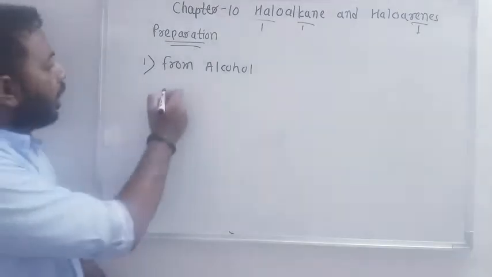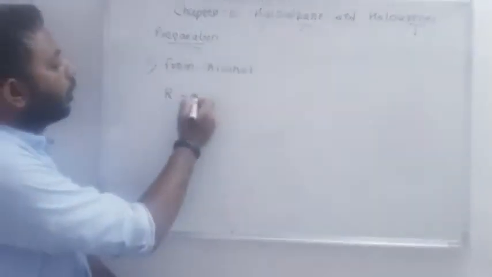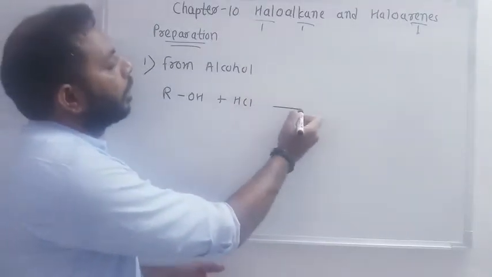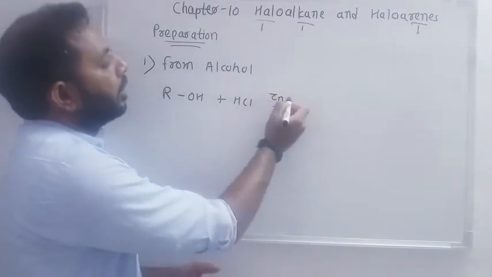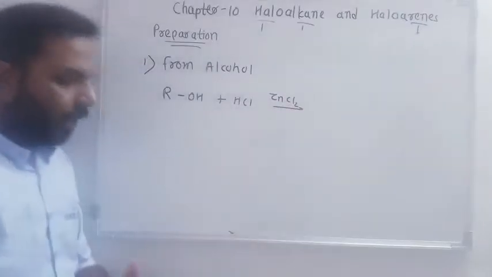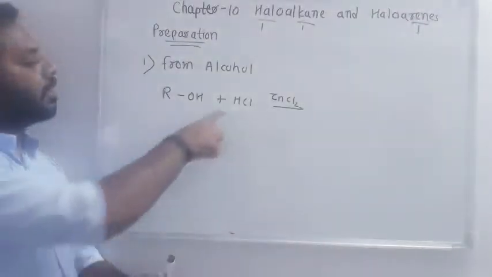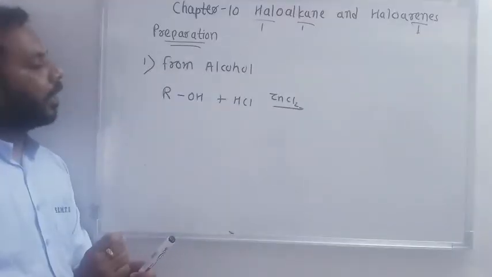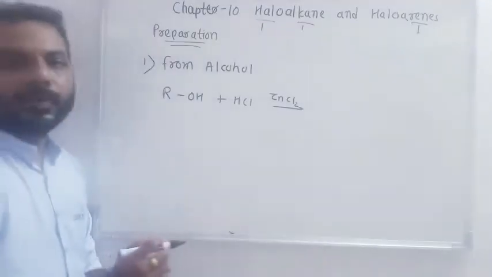So first preparation is we have got alcohol, ROH. Alcohol can be treated with HCl in presence of ZnCl2. HCl reacts with alcohol in presence of zinc chloride and it will form haloalkane. How is this going to form haloalkane?